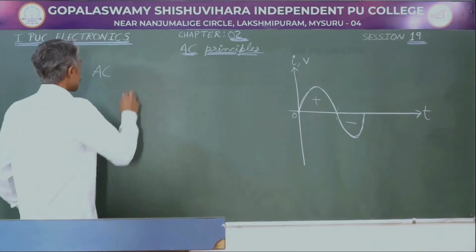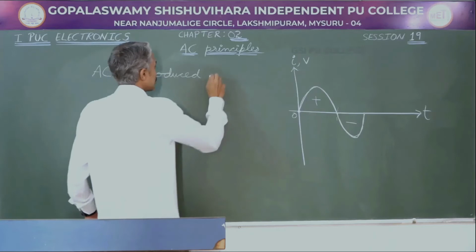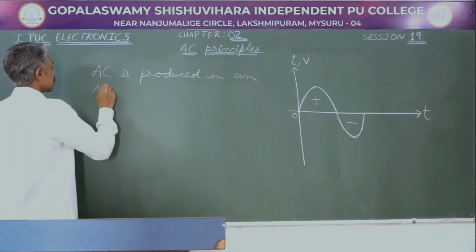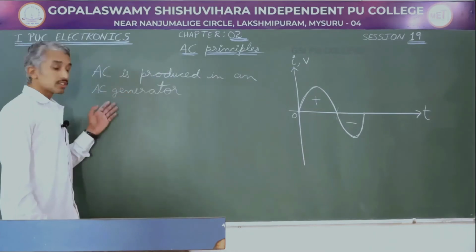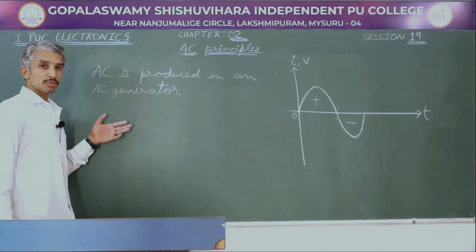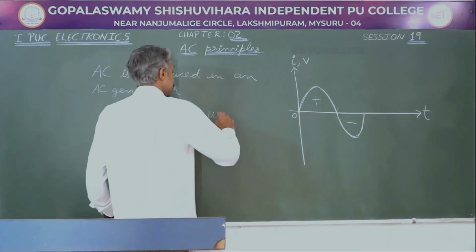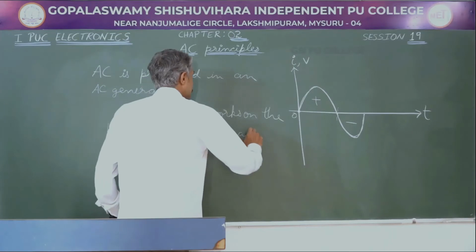So, alternating current is produced mainly in an AC generator. Now, what is this AC generator? It is nothing but a coil present in between two magnets and which rotates in between two magnets. This AC generator works on the principle of electromagnetic induction.